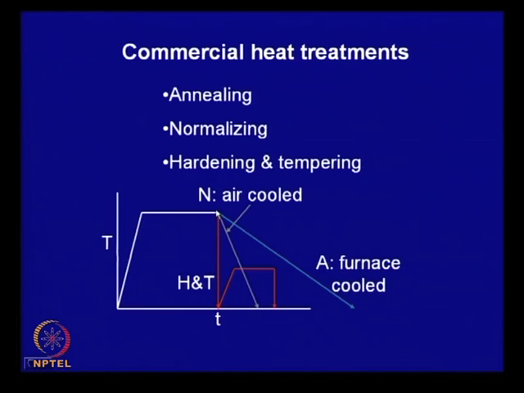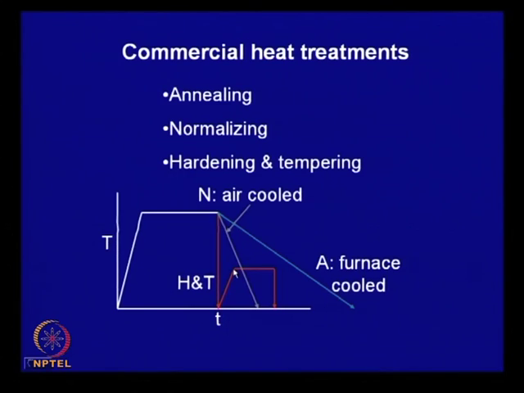After the structure has become homogeneous and the temperature is uniform, one way you can cool is extreme: you quench in water, a very high rate of cooling. This treatment is called hardening. After hardening it is given a tempering heat treatment where you raise the temperature to a level, some say 100, 150 or 350 degrees, but certainly much lower than the eutectoid temperature.